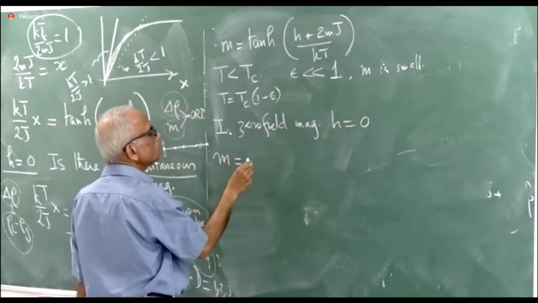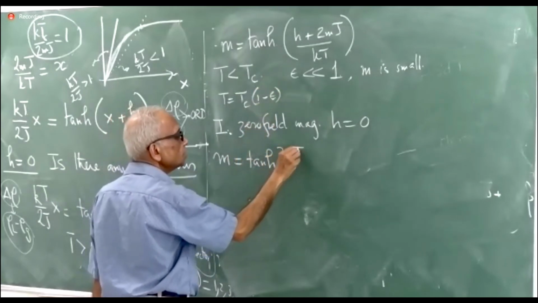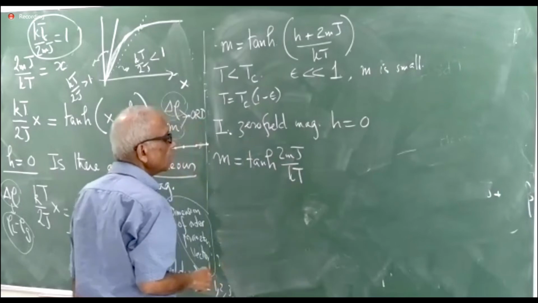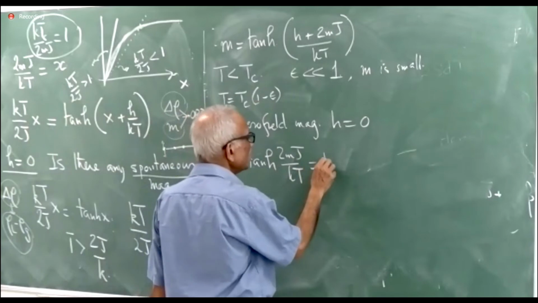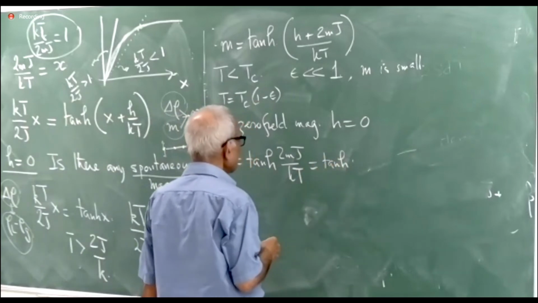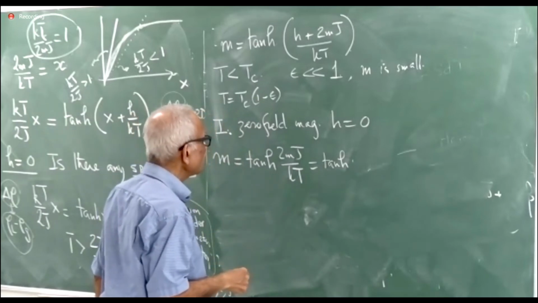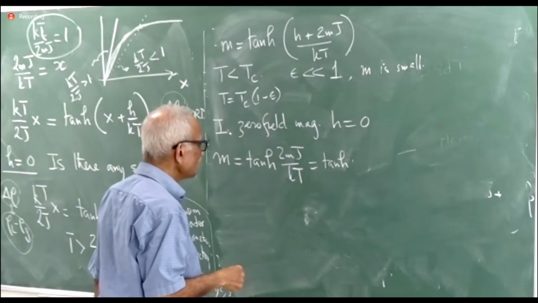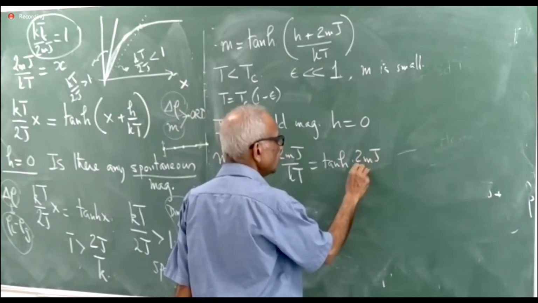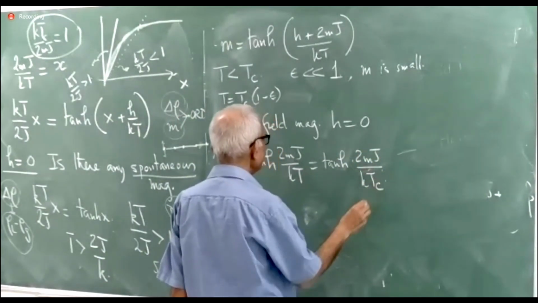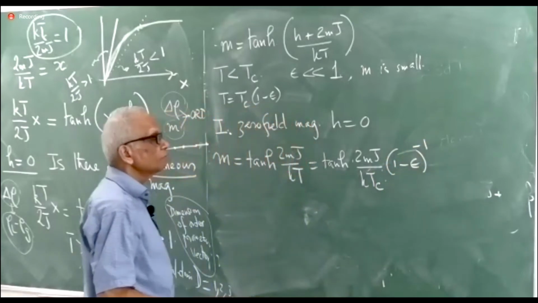So m is equal to tanh of 2mJ over kT, which is equal to tanh of 2mJ divided by kTc into (1 minus epsilon) to the power 1.